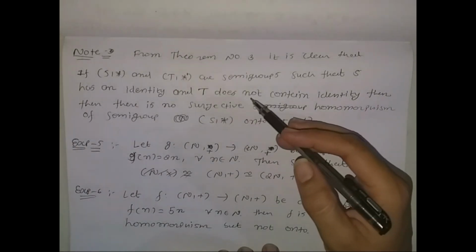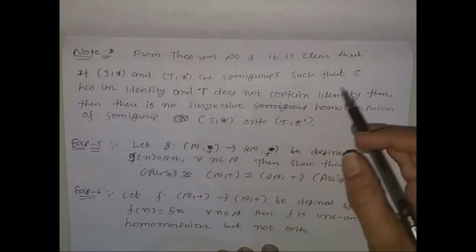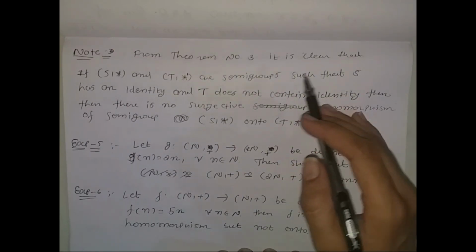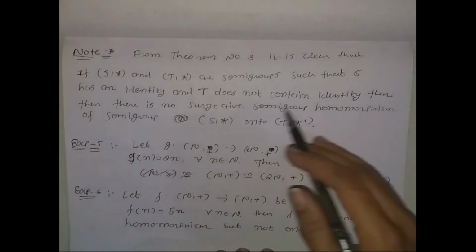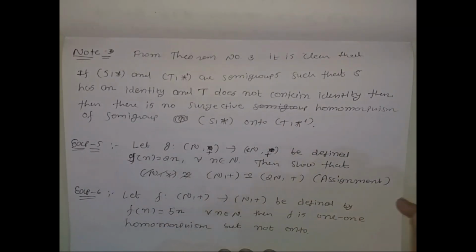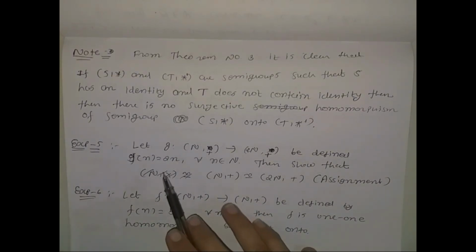Now there is a note, but we will discuss this note in the next lecture, along with some examples related to it. And example number 5 is for your assignment. This is similar to example number 1. What is example number 5?